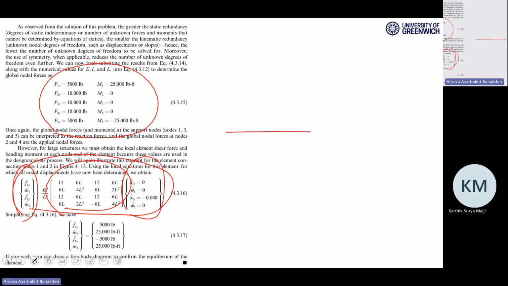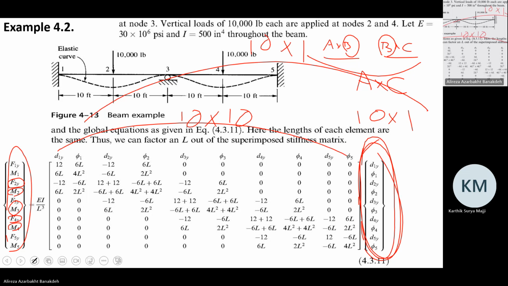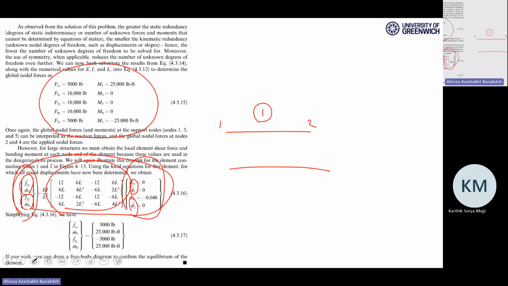So this is for element number 1, which connects node number 1 to node number 2. That's why you can see these are internal forces for node number 1, 2. These are deformations for node number 1, 2. So again, touching your other question, if another element is like 2 to 3, for example, element number 2, this should be 2, 3, 2, 3.